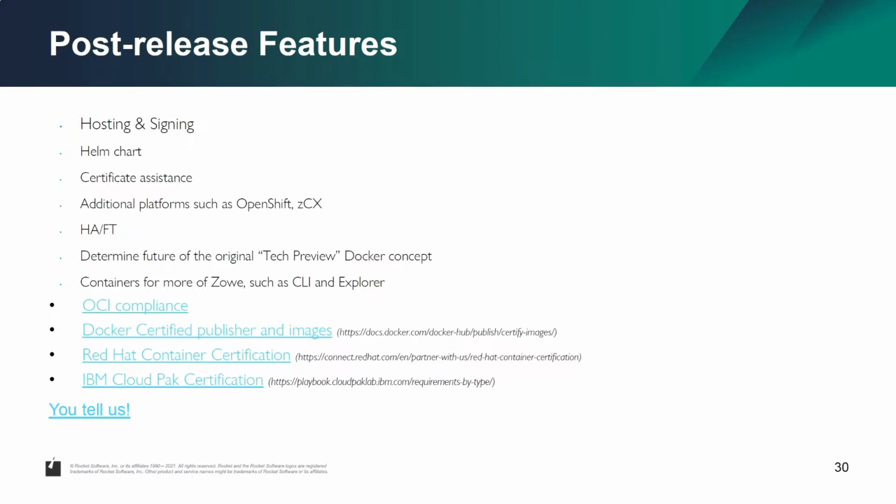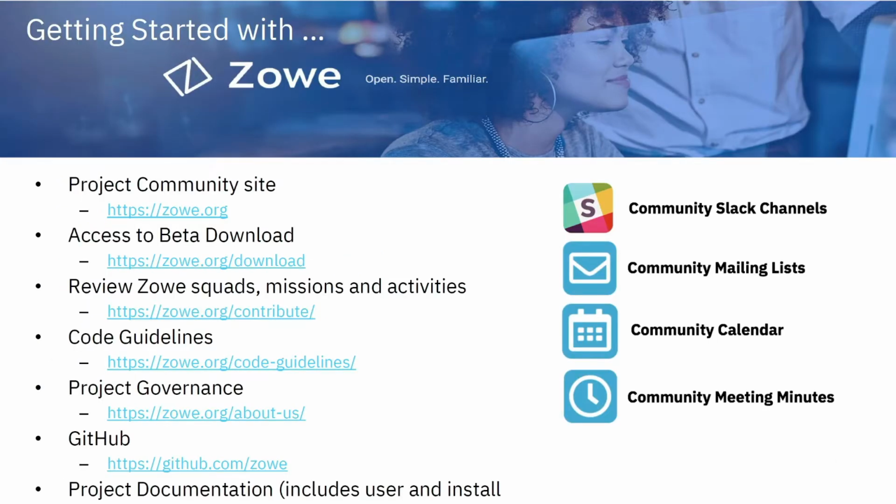Do we keep it around, or does the Kubernetes technology just prove superior in every way and we just go with that? But ultimately, the things on this list, some of these things we must do, some of these things are up to you. So you tell us what you want, and we'll prioritize based on that.